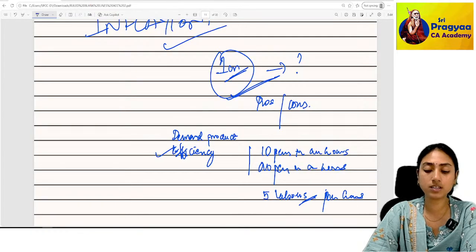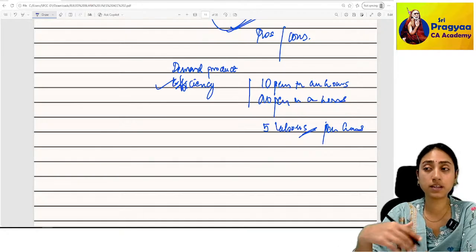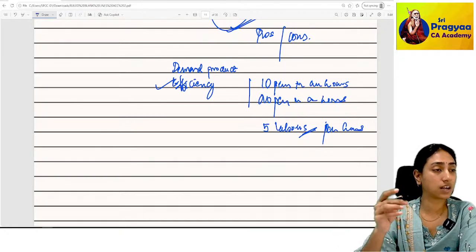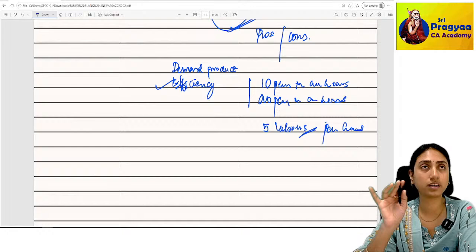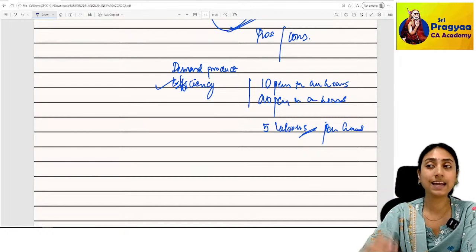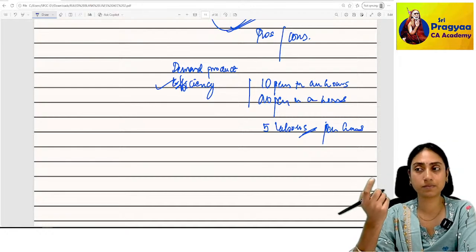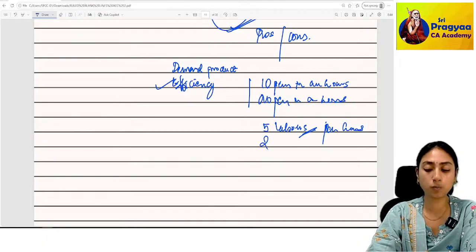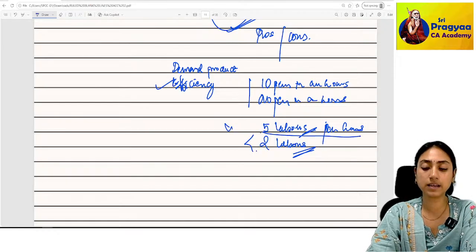Whereas my new machine, due to its advanced technology, needs more skilled labor, which is only 2 persons, but their collective salary is higher than my 5 unskilled labors.